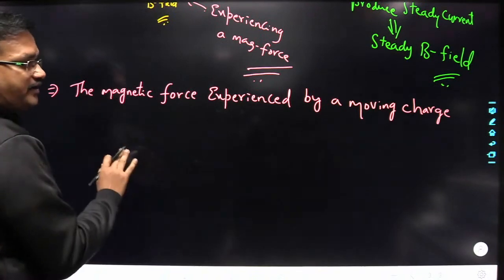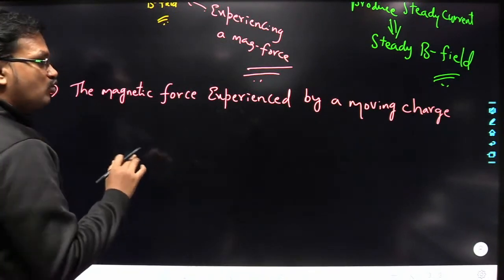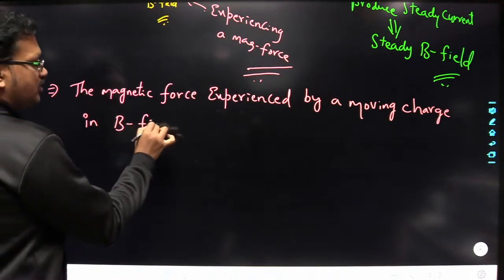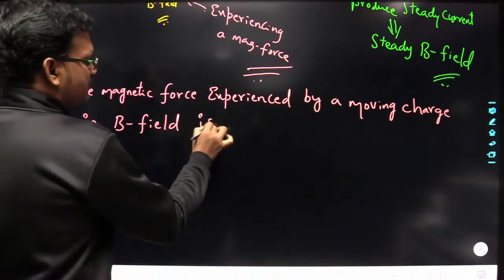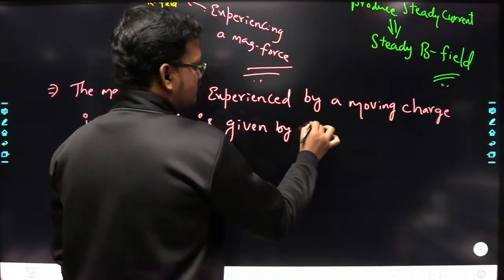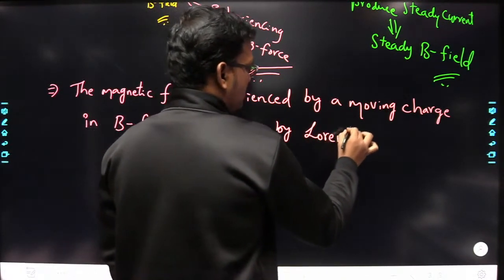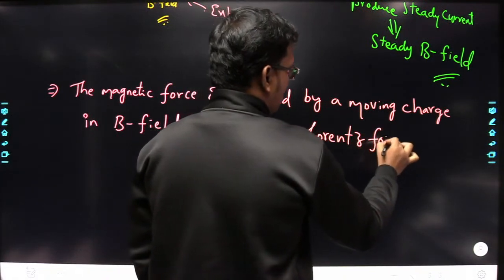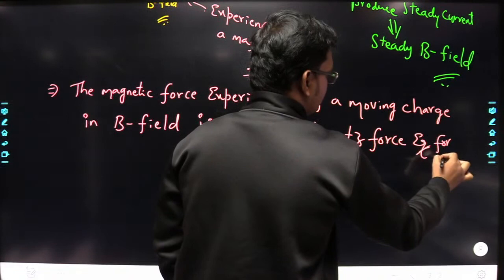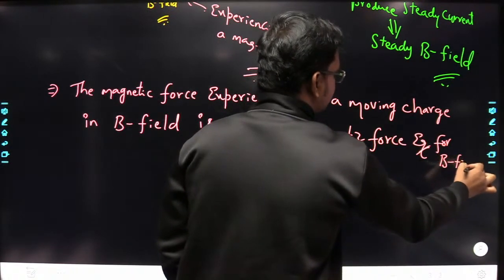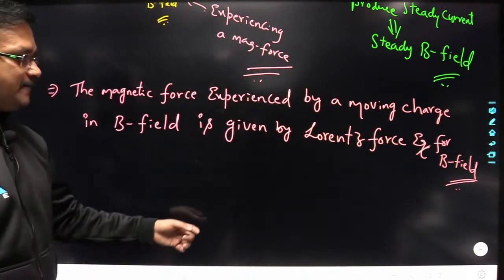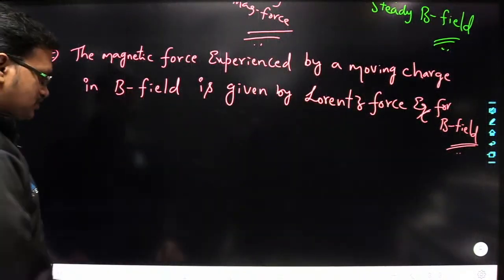The magnetic force experienced by a moving charge in a B field is given by the Lorentz force equation for B field.